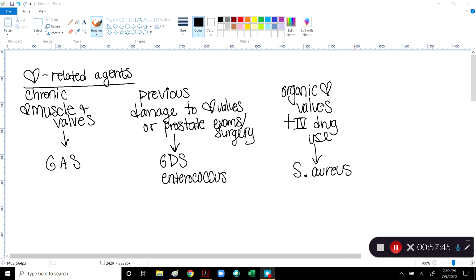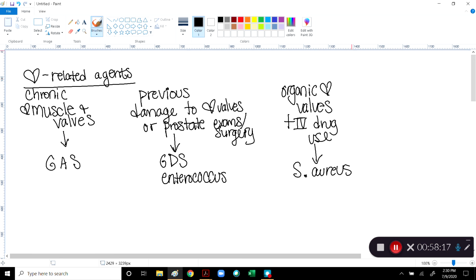So again, chronic heart muscle and valves are going to involve your strep pyo, talking about prostate exams or post prostate surgery with older adults, typically going to be your group D enterococci. Talk of organic heart valve infections, and also in conjunction with IV drug use will be your coagulase positive, catalase positive, Staphylococcus aureus.